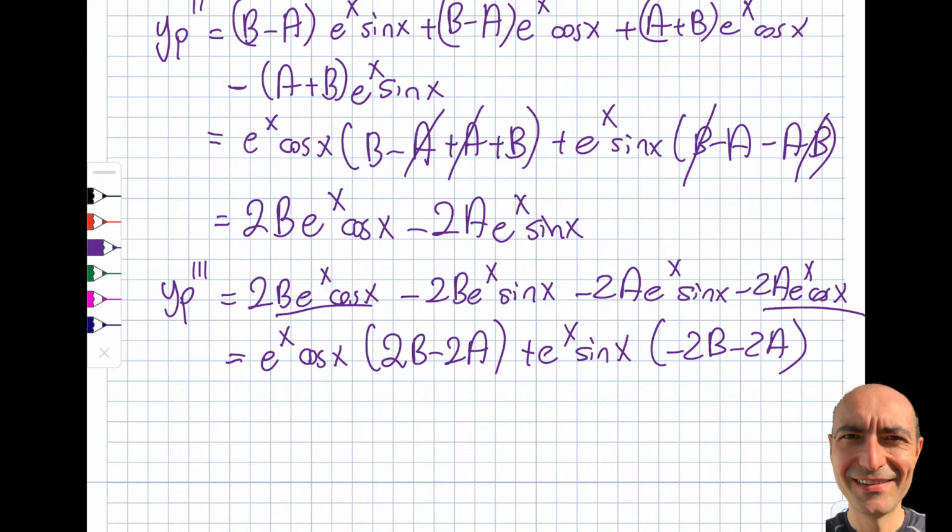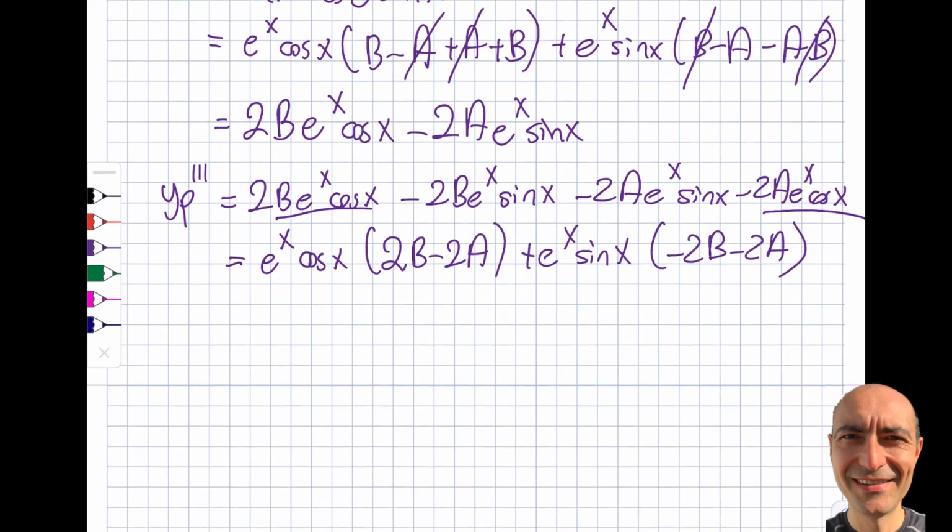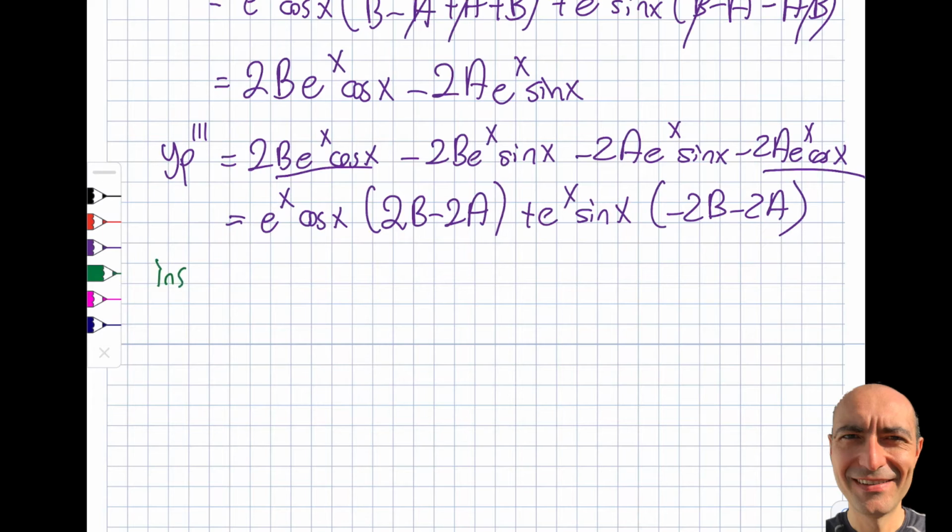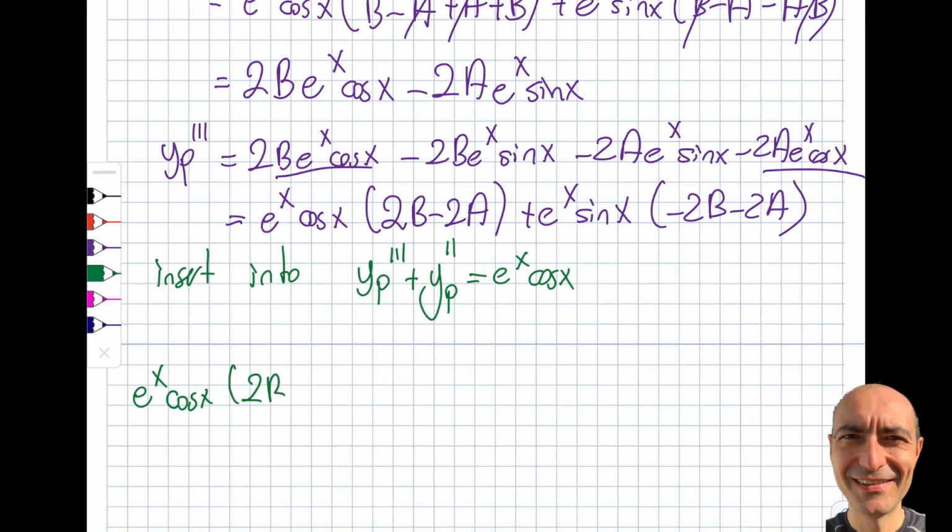That's yp triple prime. Now what I have to do is go back and insert this into the equation. Insert into this: yp triple prime plus y double prime will be equal to e to the x cosine of x. So yp triple prime is right over there, so I'm going to write e to the x cosine of x times 2b minus 2a plus e to the x sine of x times minus 2b minus 2a.